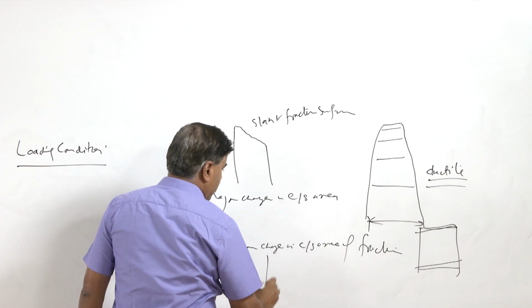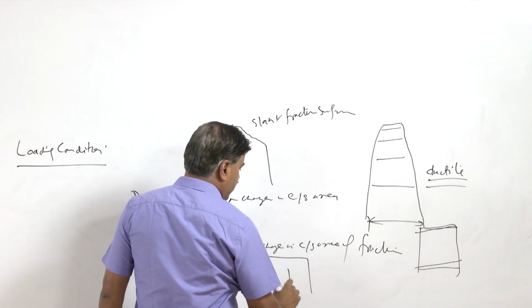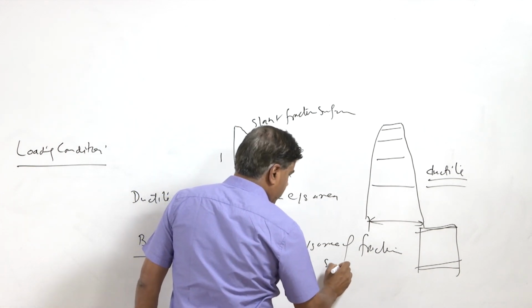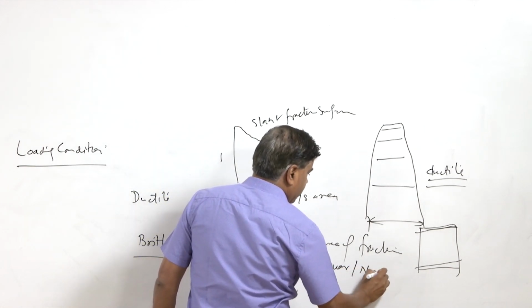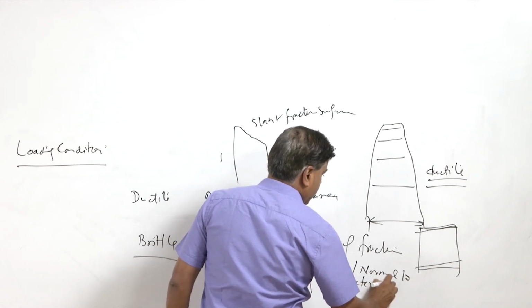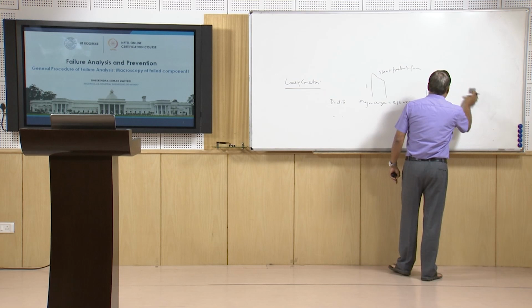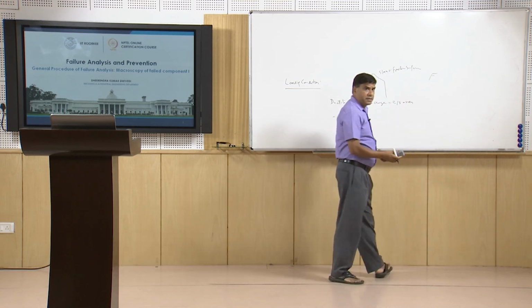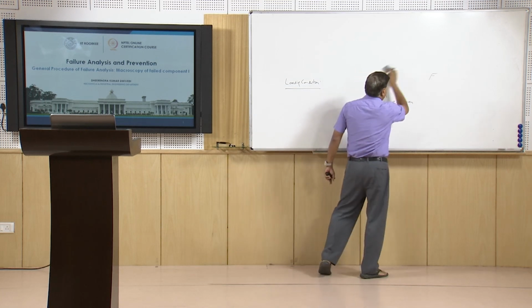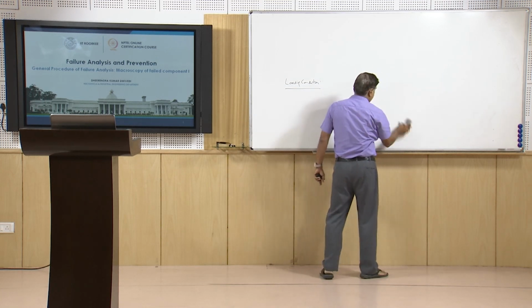And it may be that the fracture surface is normal to the external loading, so the square fracture surface is normal to the external loading. Then the third one is the macroscopic observation with regard to the mode of the fractures.